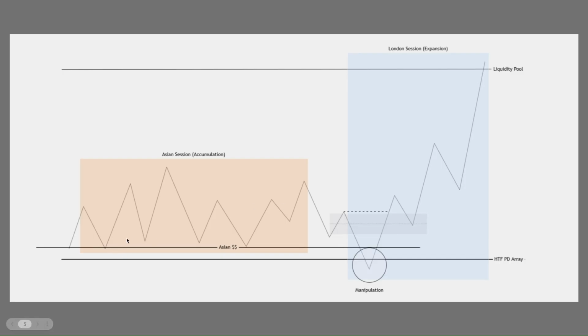As we can see here, in this illustration, we have the Asian session accumulation marked out. Here we can see in the London session, we have a sweep of the Asian lows, as well as a tap inside a higher time frame PD array, before price reacts off those levels and pushes higher, giving us a change in order flow. Now an entry can be taken for this idea in two particular ways.